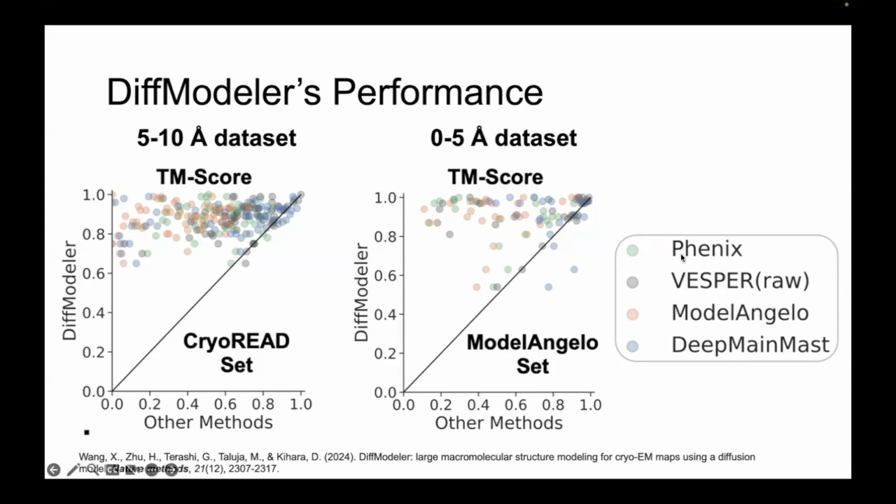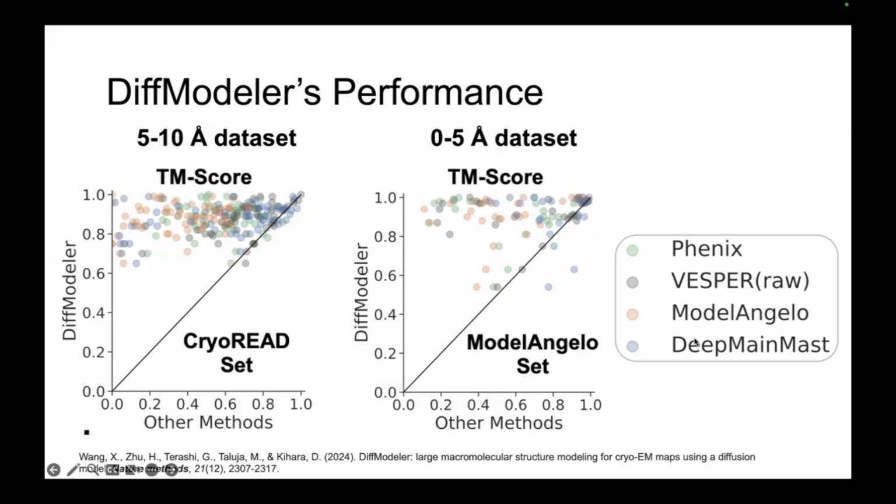Then we compare with the Phoenix fitting program and Vesper. This is the original Vesper, our rigid body fitting. In this case, for Phoenix and Vesper, we use the original density map.